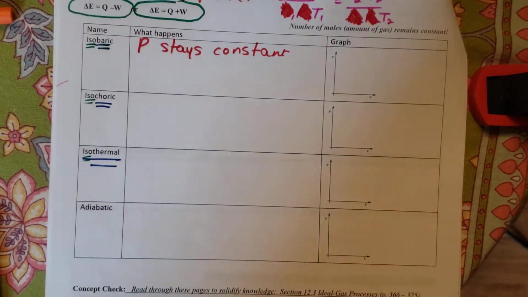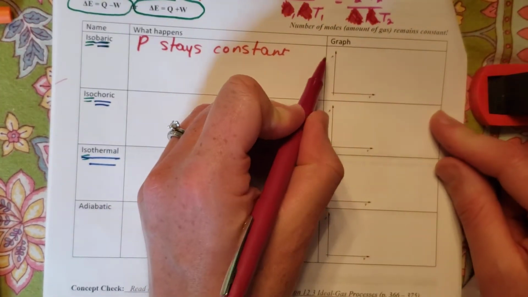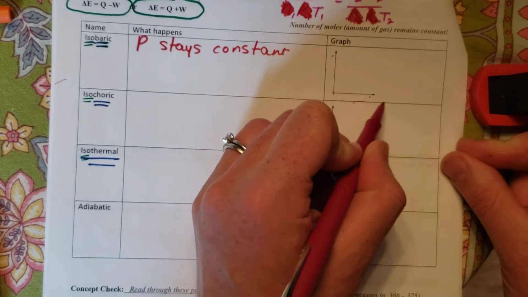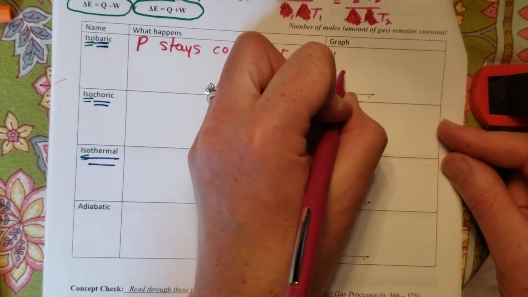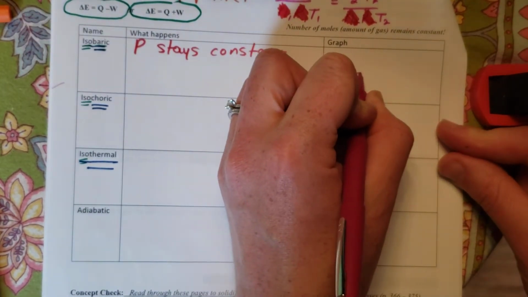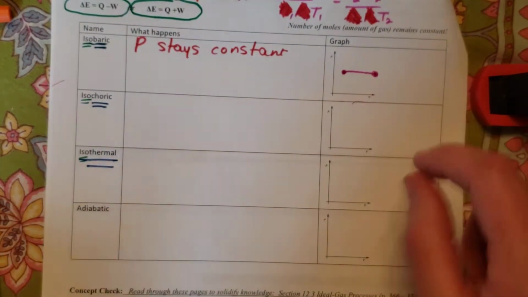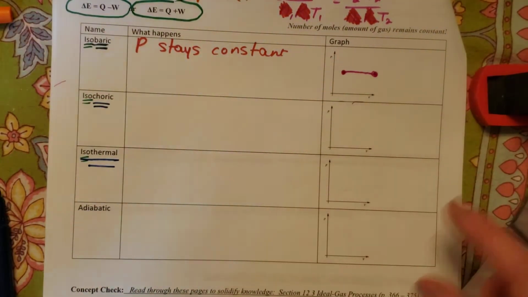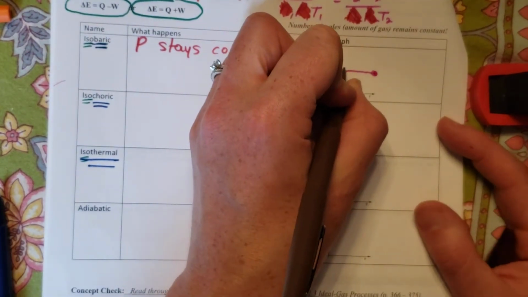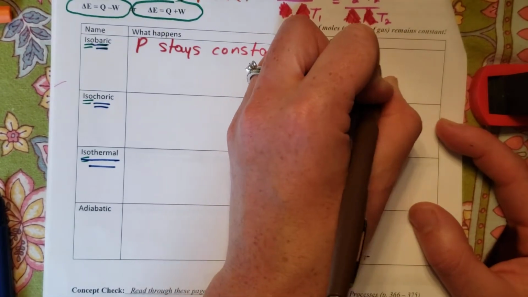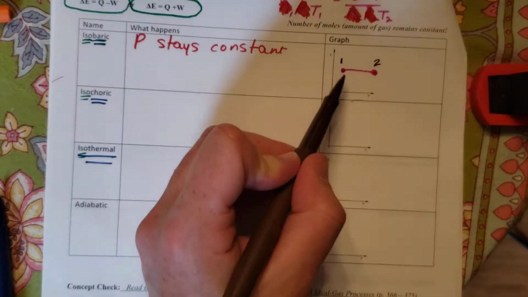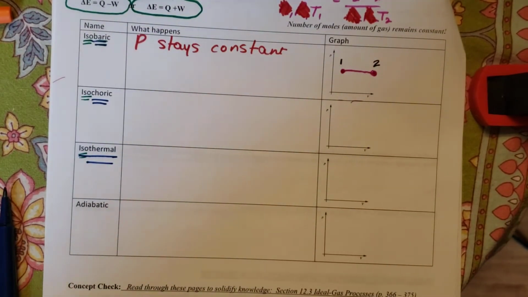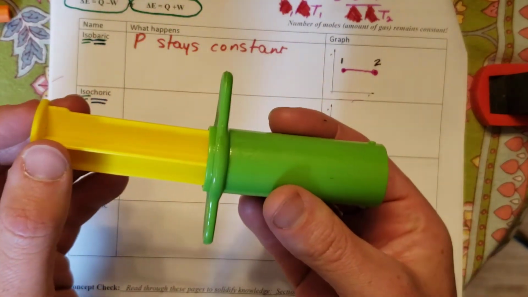So if I was going to graph it, knowing that I have pressure P on the y-axis and volume V on our x-axis, what this looks like is a straight line across. A straight line just like that. And I'm going to label these 2 dots as maybe 1 and 2. We could be going from 1 to 2 and have our volume be increasing while the pressure stays the same.